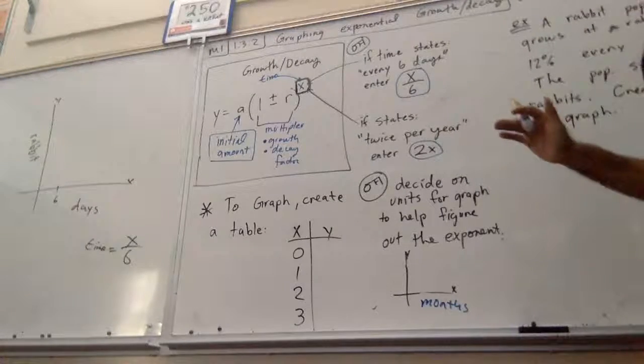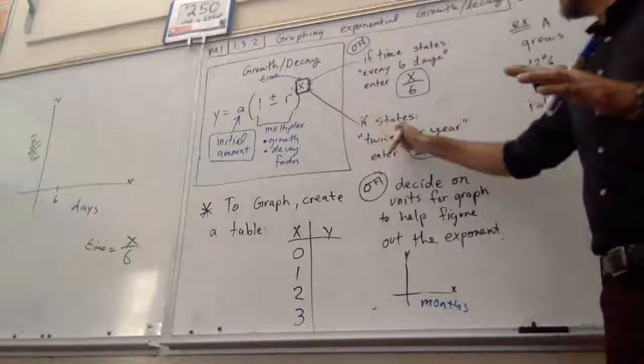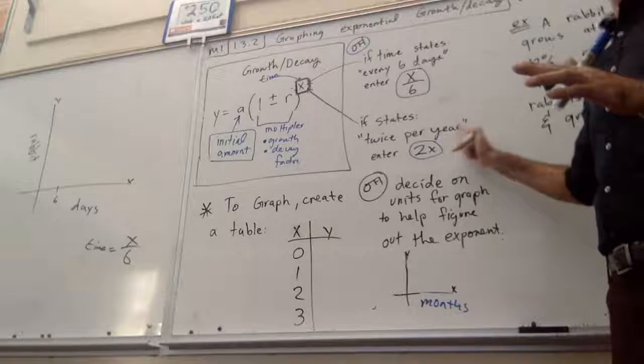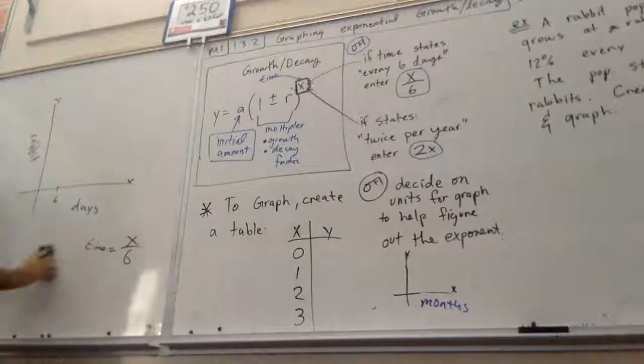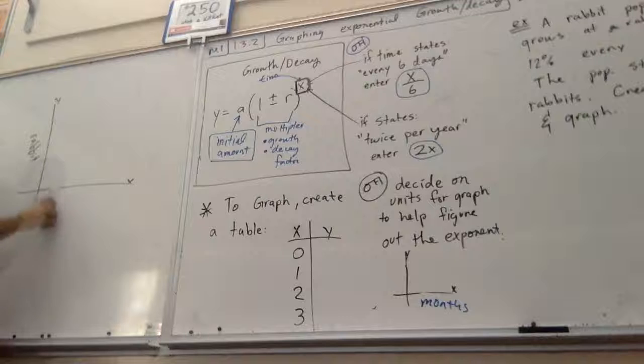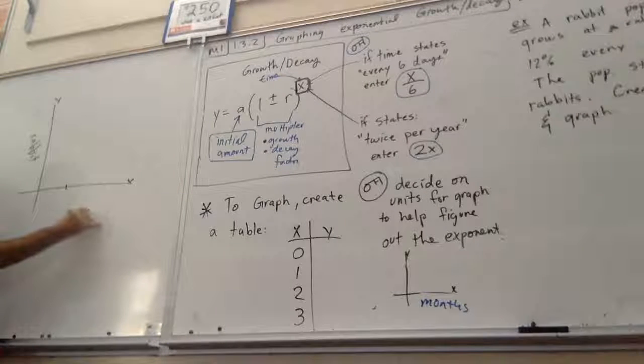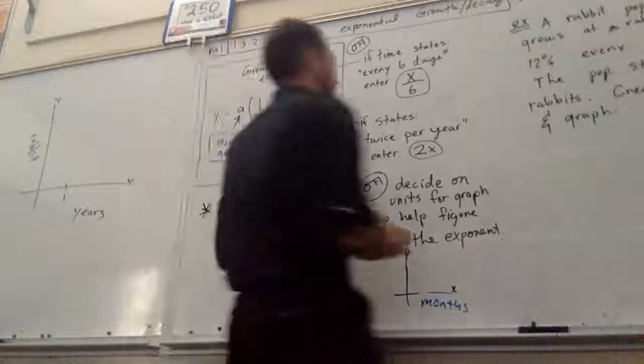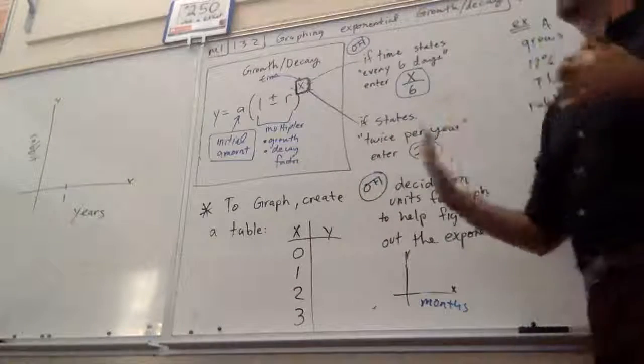If it were to state this instead, if it stated twice per year, right? Twice per year. So if I'm looking at that and I'm going twice per year, then watch this. Okay. Let's make it years. If you had 1 year, okay? If it is, let's say, you have the worms double twice a year.